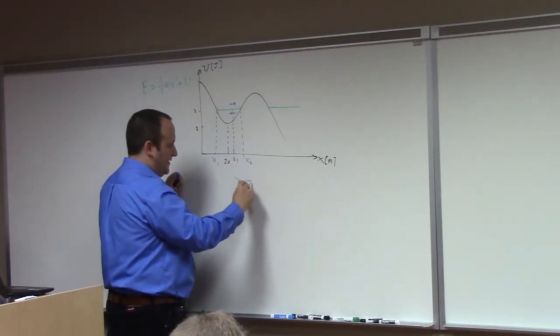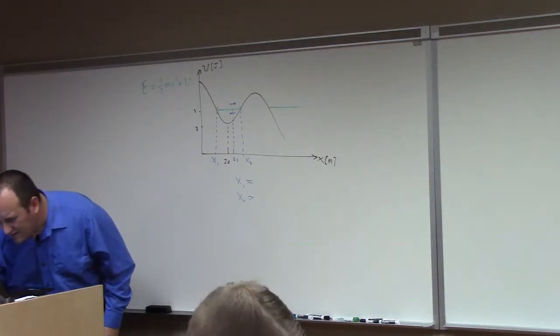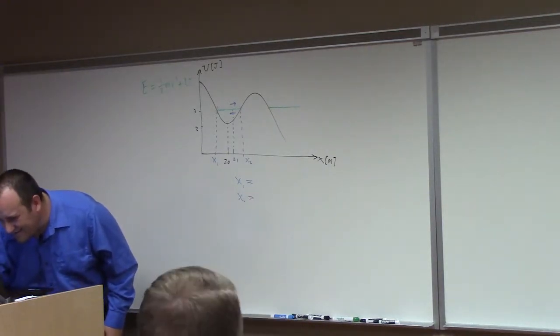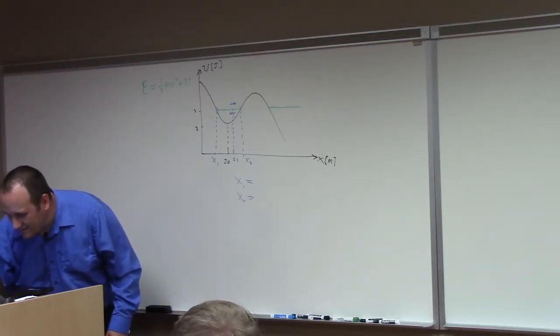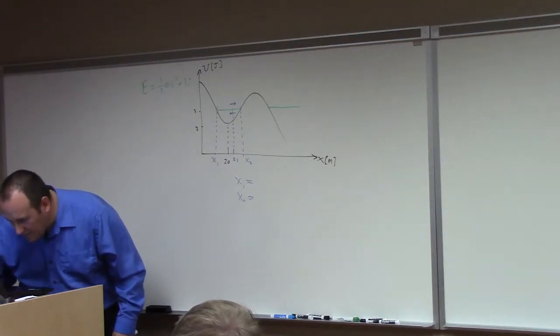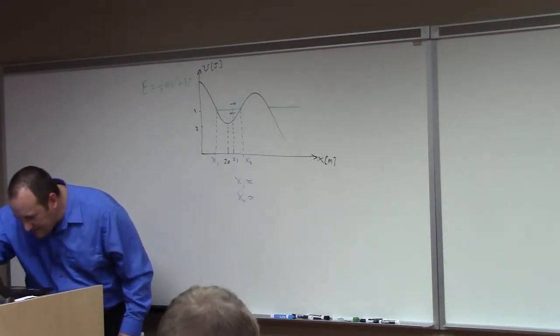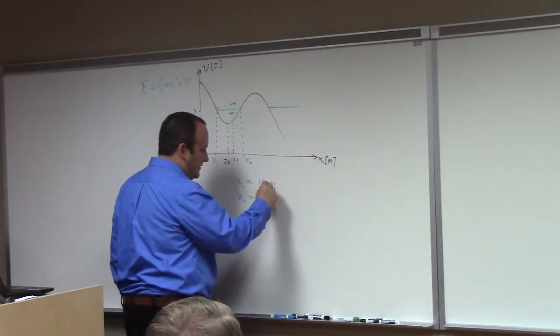So x1 is approximately, looking at the graph that I gave you guys, I should make it bigger. Just staring at it here for a second. 16, something like that. This is very crude.